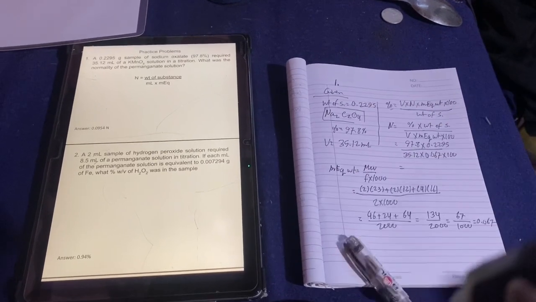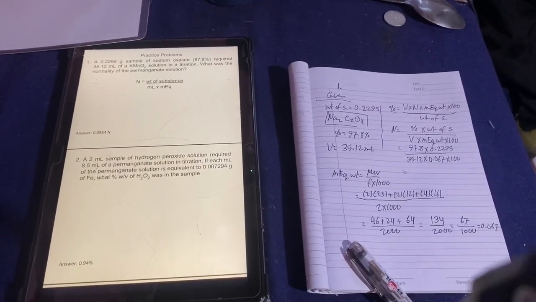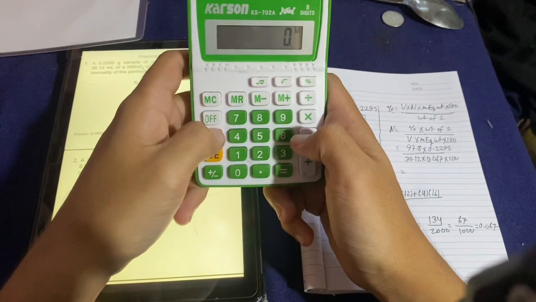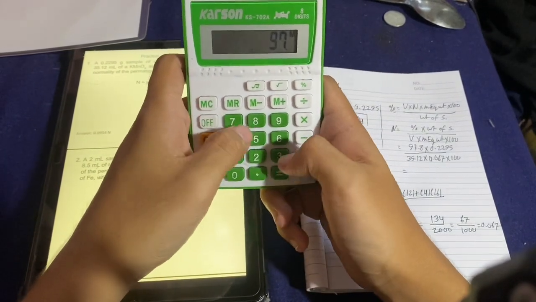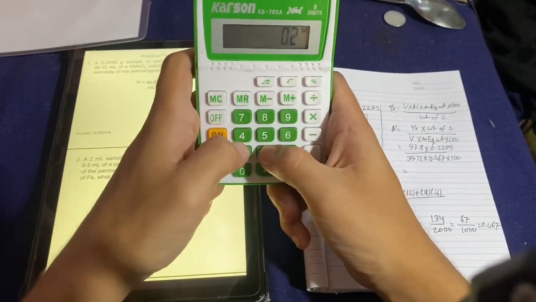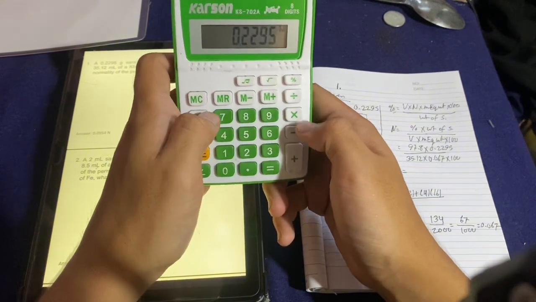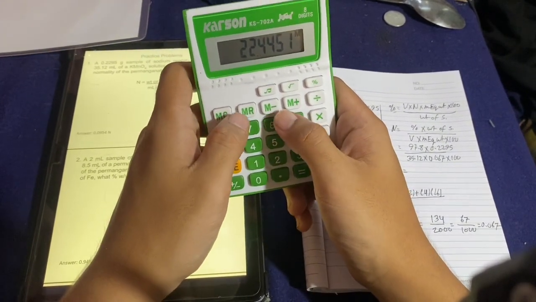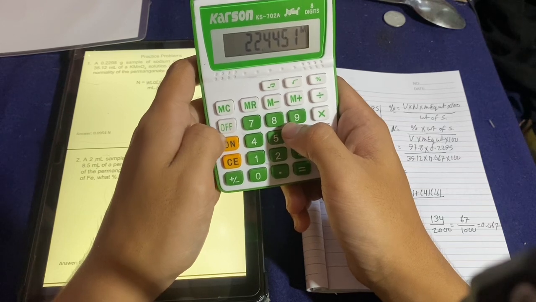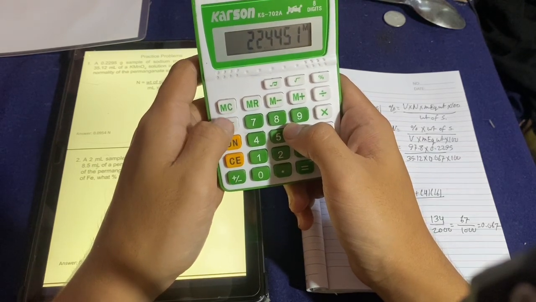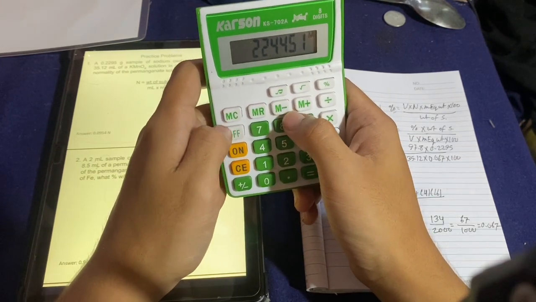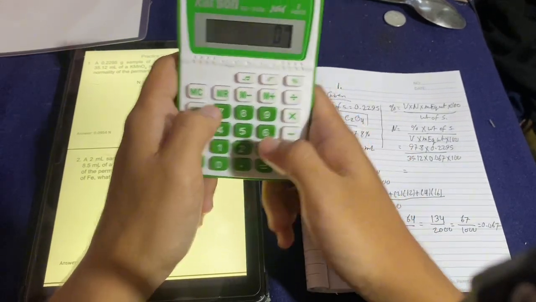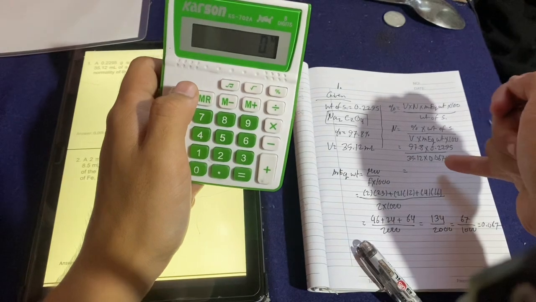To calculate, we do the numerator first: 97.8 times 0.2295 equals 22.4451. Let me put this in memory, then calculate the denominator.